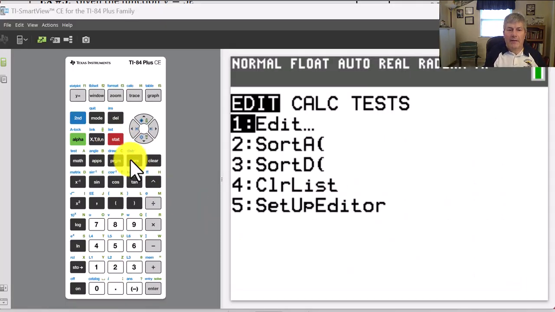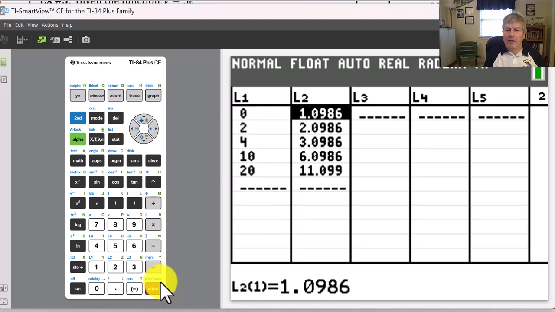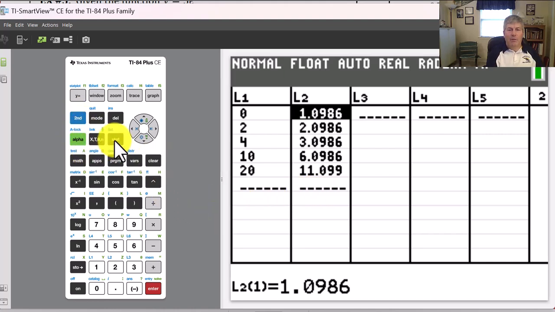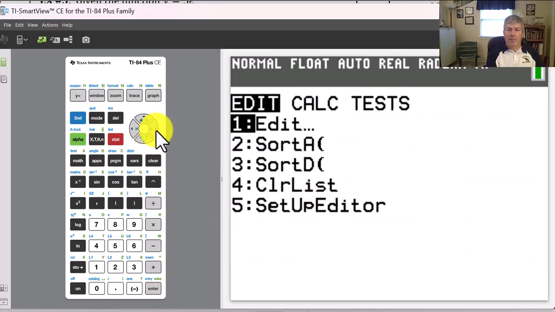So I'll go back to the stat menu in my calculator, edit. My list 1 will be my x's, or my t's, from 0 to 20. And my list 2 will be my final column, my y's, which is the natural log of y. So I put all those values in. Go back to my stat menu.